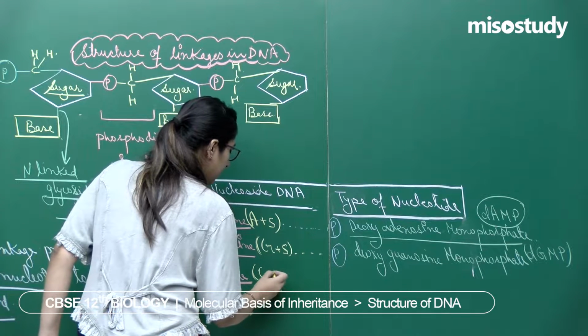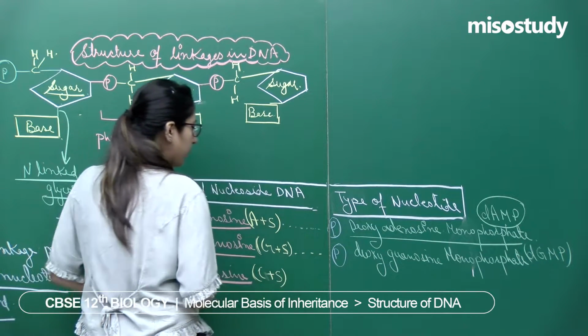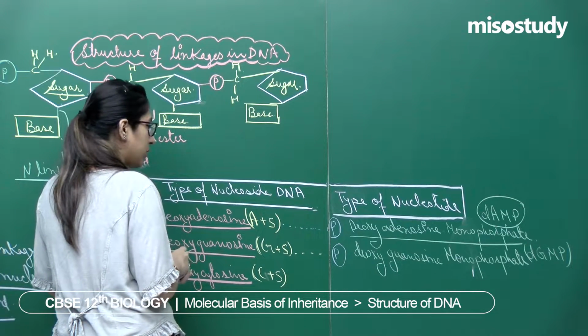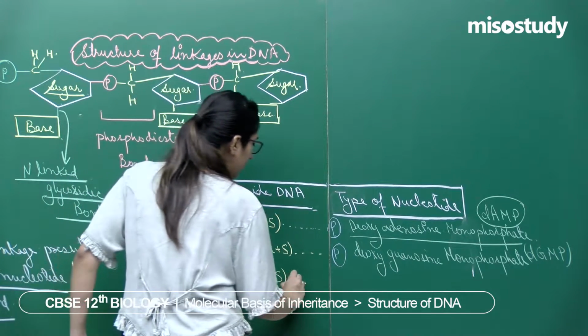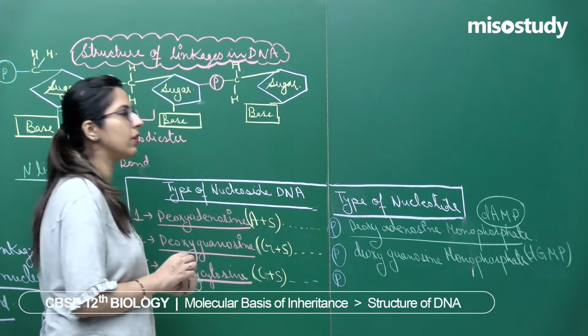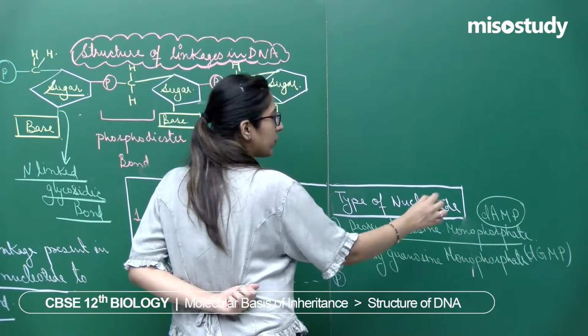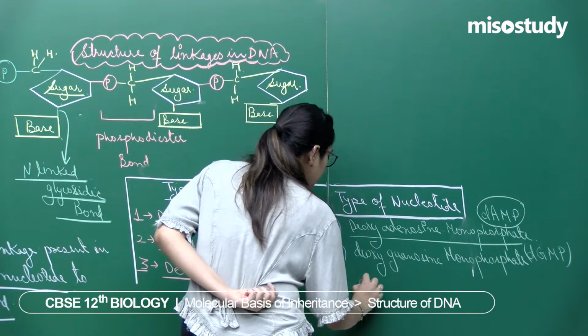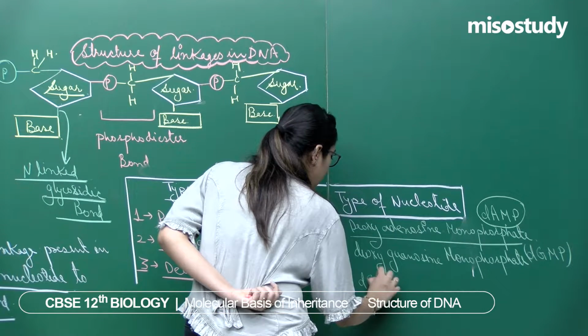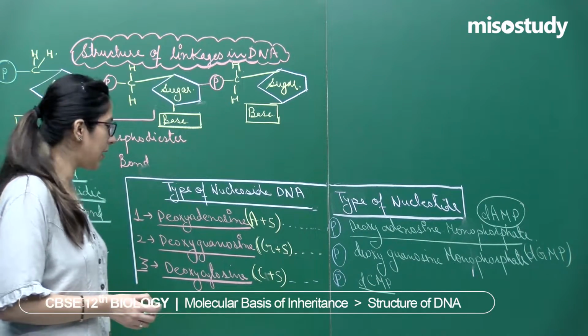C is present, this is a C, right? C cytosine plus sugar is there, and in this case the deoxy sugar is there. Now if they combine with the phosphate group, what is the formation? dCMP, deoxycytosine monophosphate, dCMP, right? Hope you can elaborate by yourself.